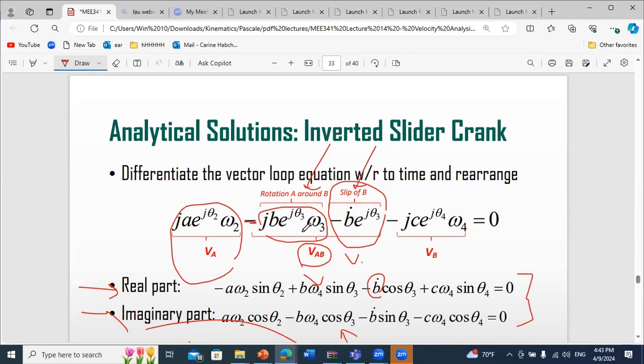So you will get then minus, if you want, so you can consider it as either VB relative to A, okay, or minus VA relative to B. So because VB relative to A is equal to minus VA relative to B, okay?